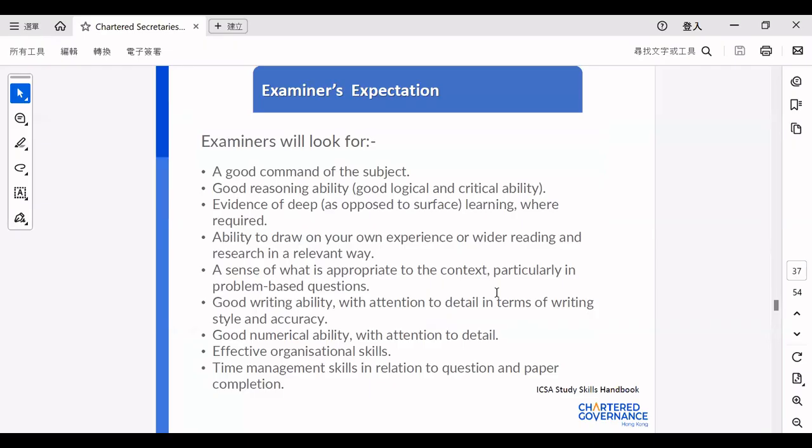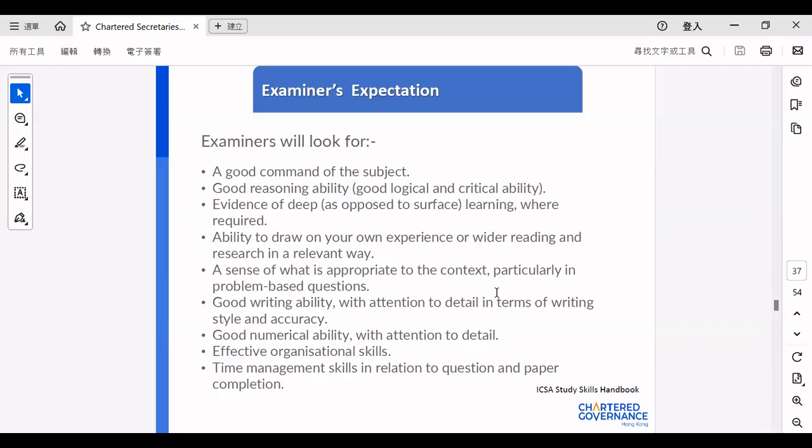So you have to demonstrate to your examiner you do understand the topic, you do understand the thing. Secondly, you have good ability to reason, good reasoning skills, and evidence of deep learning where required.